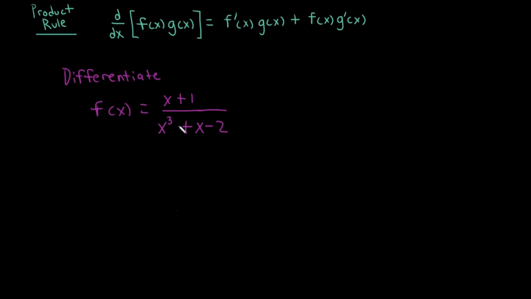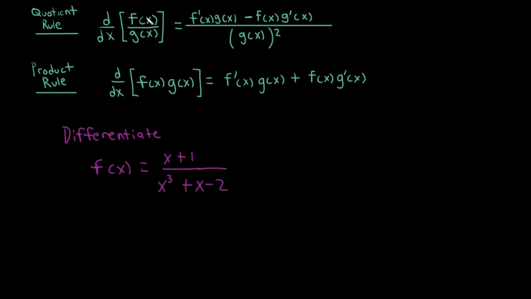So we have to use the quotient rule on this because it fits the formula of the quotient rule, which is f of x over g of x. So essentially, if you see a fraction, chances are you probably have to use the quotient rule. So let's start this problem.